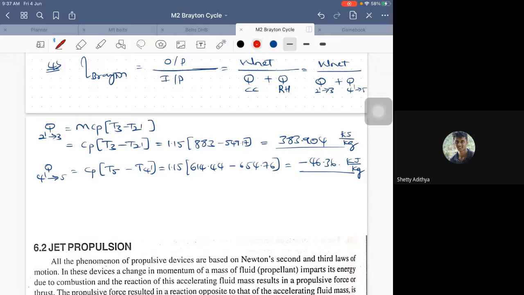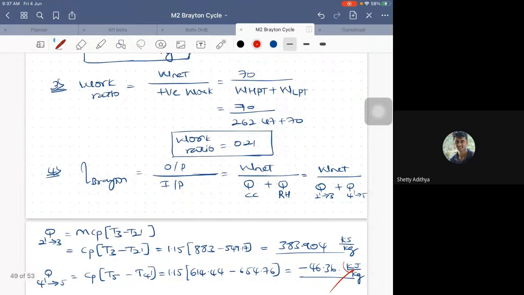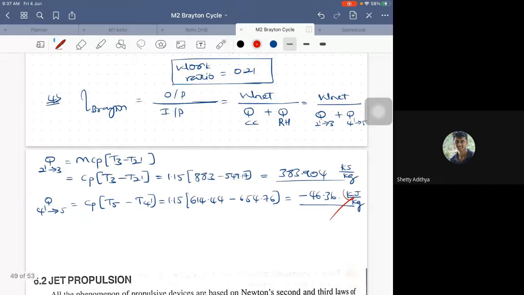This value is wrong, guys. It shouldn't be minus, because in the reheater you are adding the heat. How can it be minus? It's wrong.